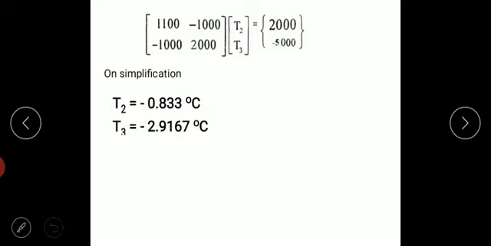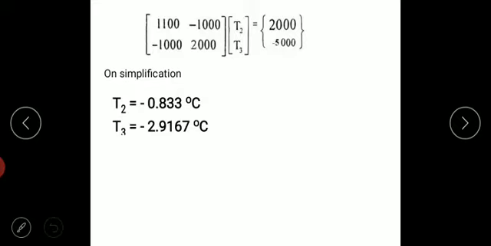A 2 by 2 matrix, or two simultaneous equations, I am going to get. If I solve these, I will get T2 equal to minus 0.833 degrees Celsius and T3 equal to minus 2.9167 degrees Celsius. So from the given data itself, we can analyze the convection temperature is minus 5 degrees Celsius.